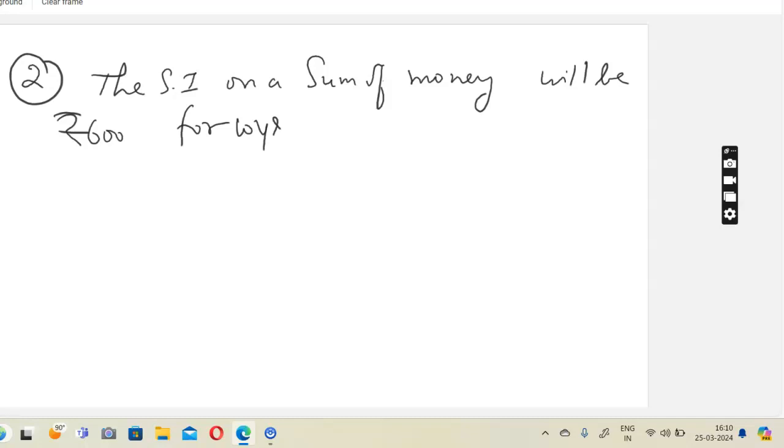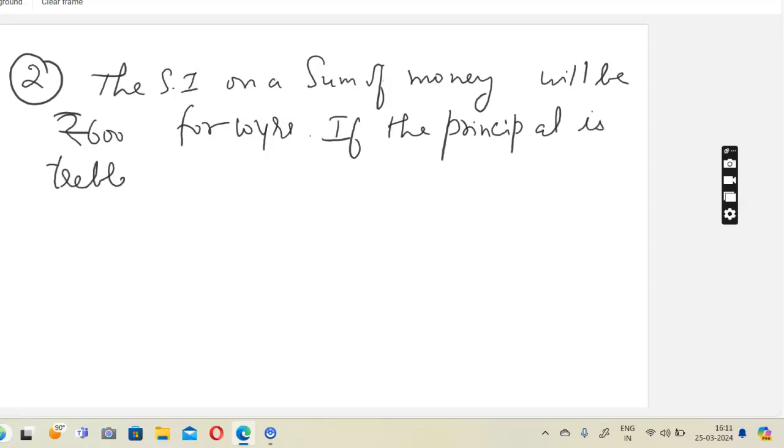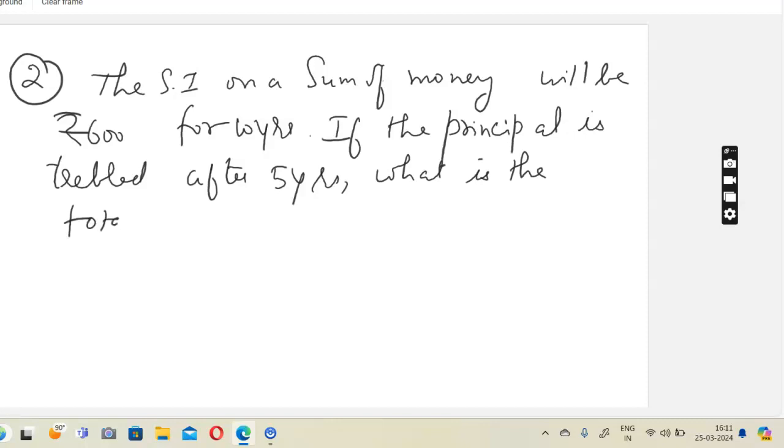So this is in the normal case. Now they are giving some clause. If the principal is tripled after 5 years, what is the total interest after 10 years?